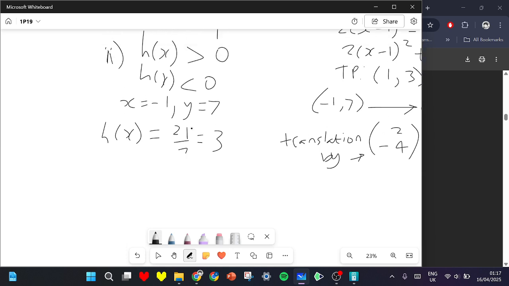So now we know that h of x is either less than or more than 3, right?